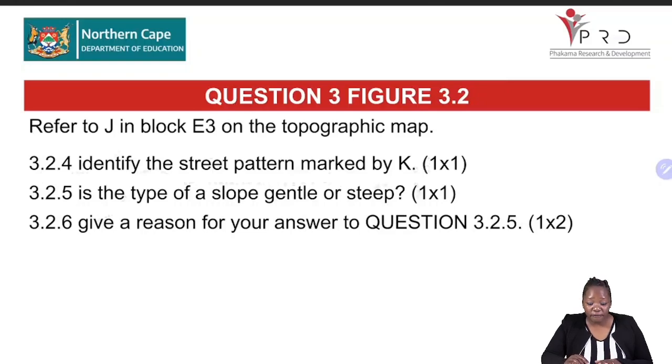Then number 5, is the type of slope gentle or steep? And then number 6, you give a reason for your answer. Again, you need to interpret based on what you see in the map. I'm going to give you 3 minutes to answer these 3 questions, which means it's 1 minute per question.